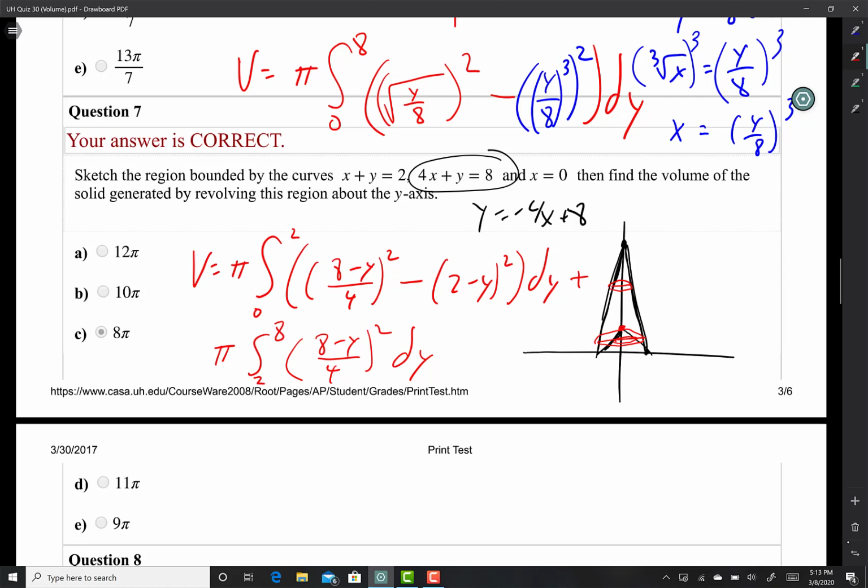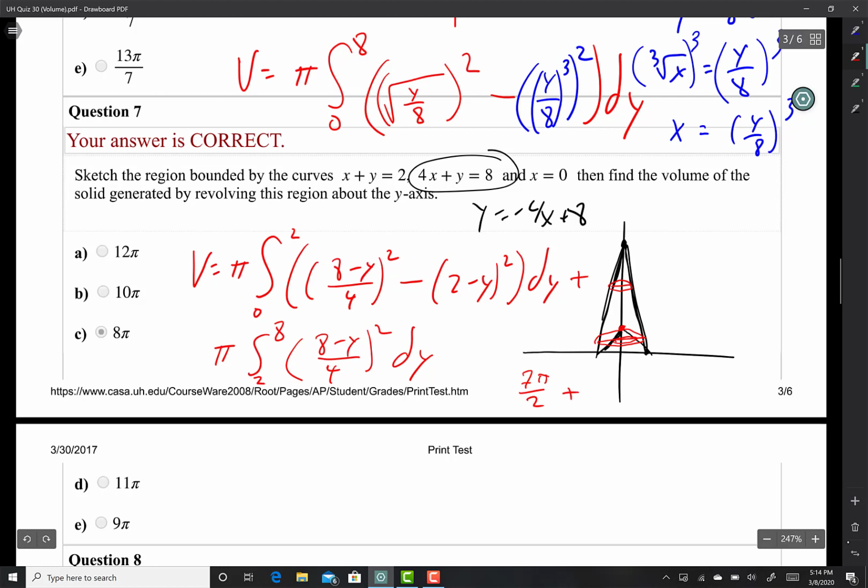Let me insert another parenthesis. 8 minus x divided by 4, close the whole thing, squared, minus, open parenthesis, 2 minus x, close, squared, close. Back to x, enter, and I get, on the first one, 7 pi over 2.